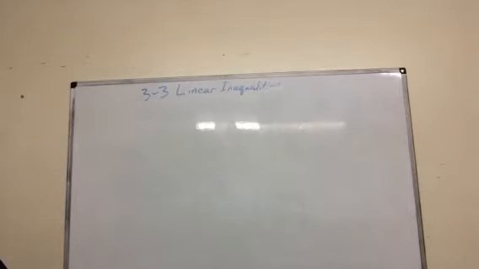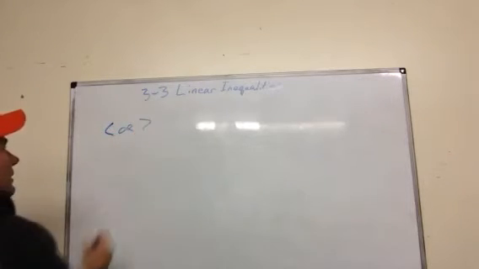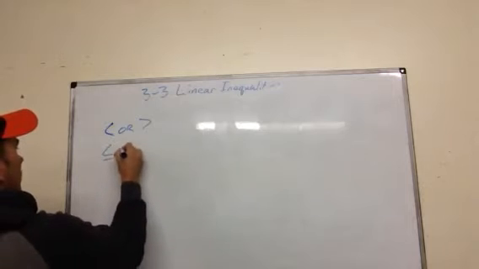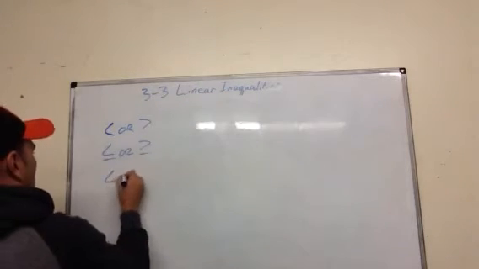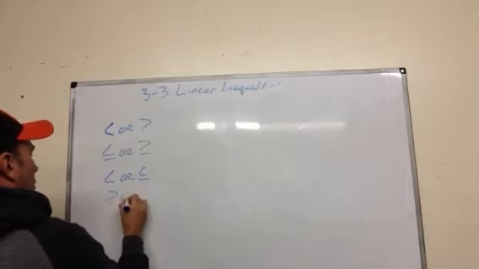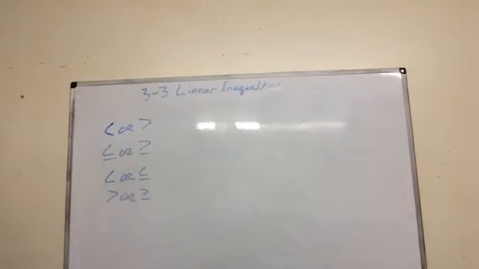There's a little chart in your notes. It kind of looks like this. Less than, greater than, less than or equal to, greater than or equal to. So kind of 4 rows there.